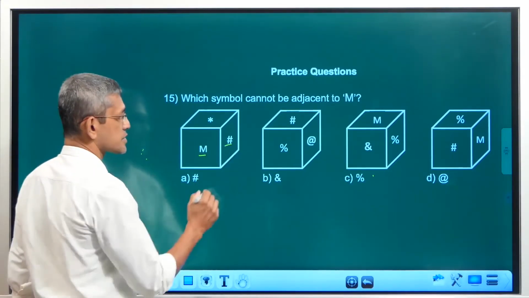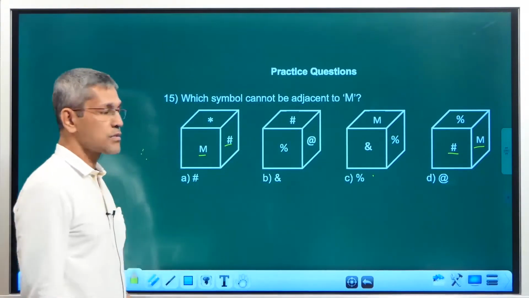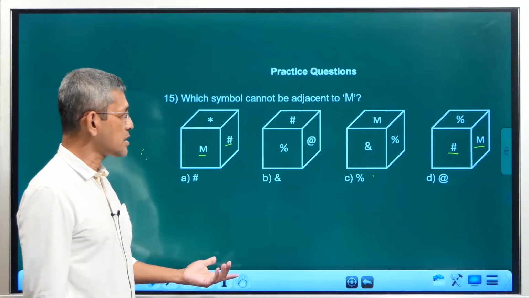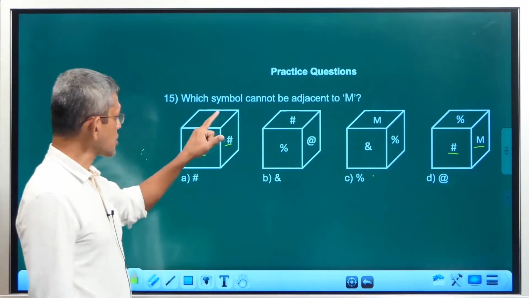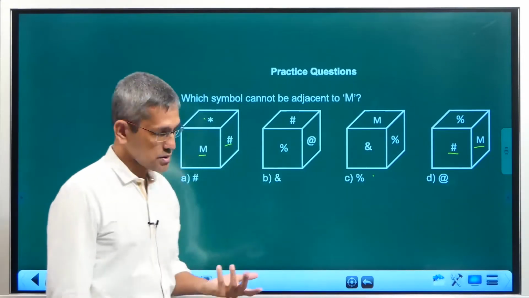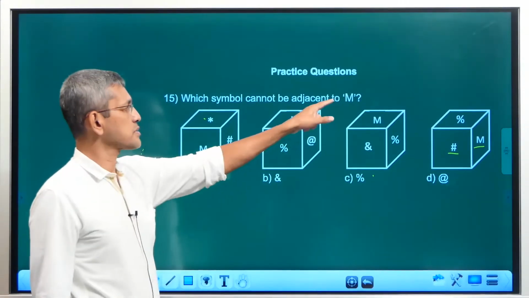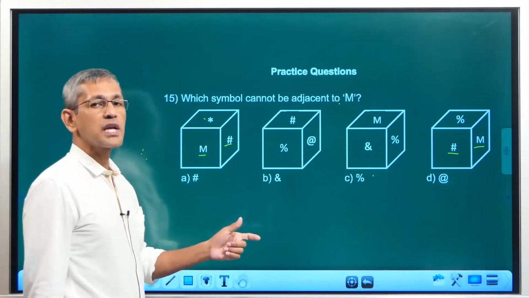M, hash. So hash, M. Ultimately, if 2 elements are common, then the other element from both images, the star, must be opposite to percentage, but that doesn't help us. We are looking for the element which is opposite to M. So the 1 and 4 comparison doesn't fetch us the answer.